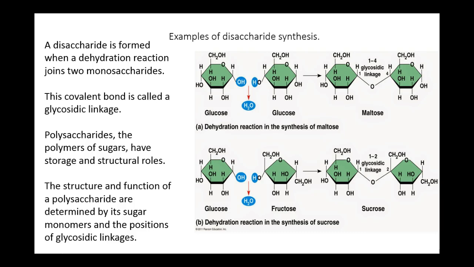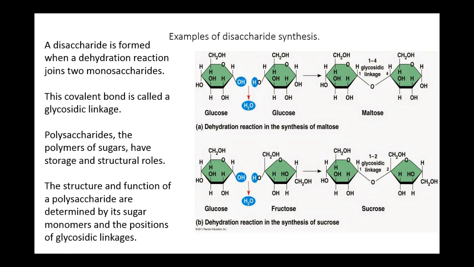One other way that we talk about sugars, particularly in carbohydrates, I guess carbohydrates and saccharides, we can have disaccharides, so we can have 2 of them together. And when we make that bond, we call that a special bond because we have created it. So disaccharides form when a dehydration reaction, remember we're going to take water out and join 2 monosaccharides together.